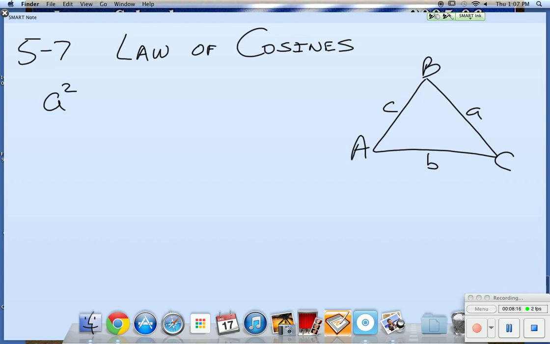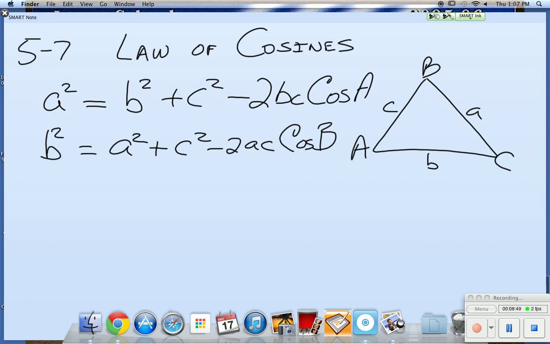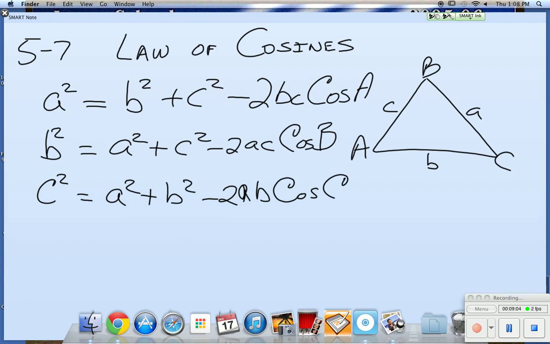A squared equals B squared plus C squared minus 2BC cosine of A. It's also B squared equals A squared plus C squared minus 2AC cosine of B. It's also C squared equals A squared plus B squared minus 2AB cosine of C. It's all the same format.